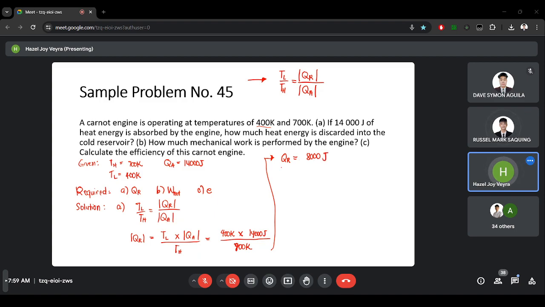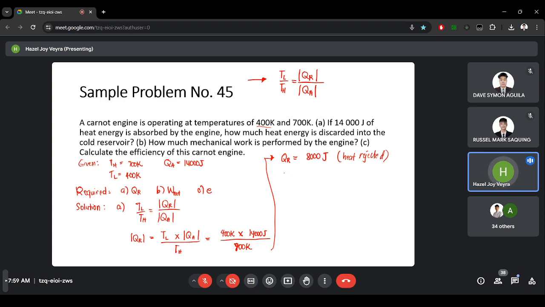So class, for the final answer, you can express it in two ways. First, you can write 8,000 joules, but you will note here that heat is rejected.